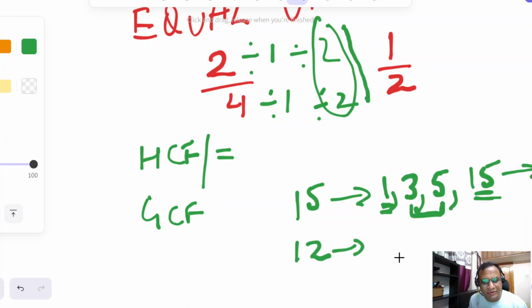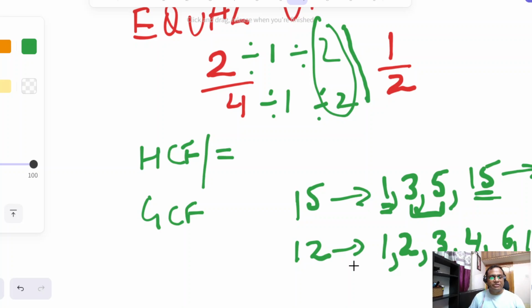What are the factors of 12? Factors of 12 are 1, and we already know 12 will be the highest factor of 12 because the number itself will be the highest factor. Then it comes in the table of 2. It comes in the table of 3 as well. Yes. Then it comes in the table of 4. Yes. Anything else? Yeah, 6.